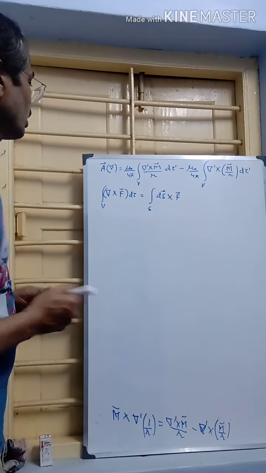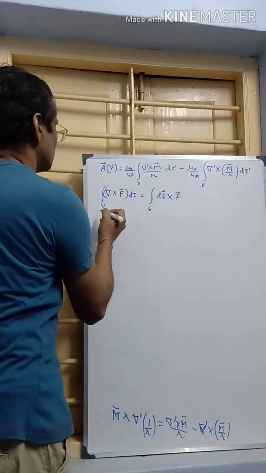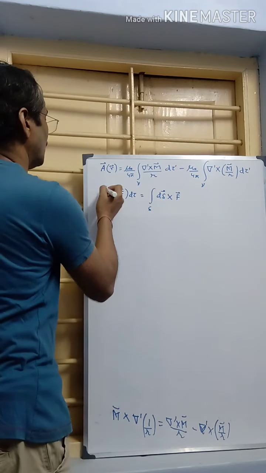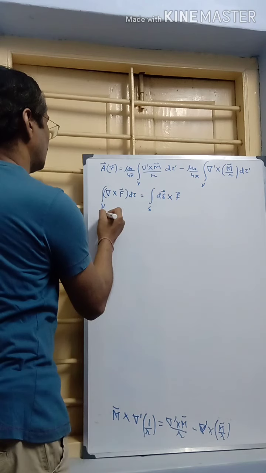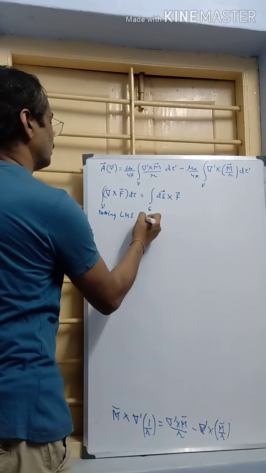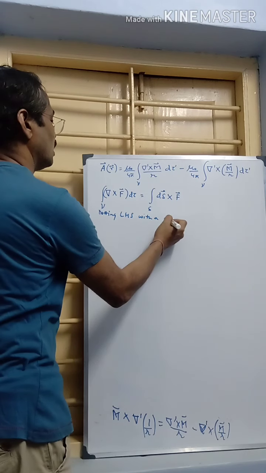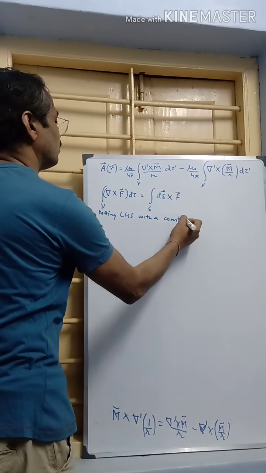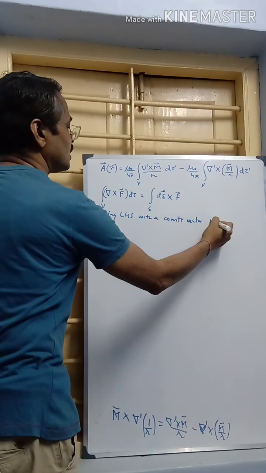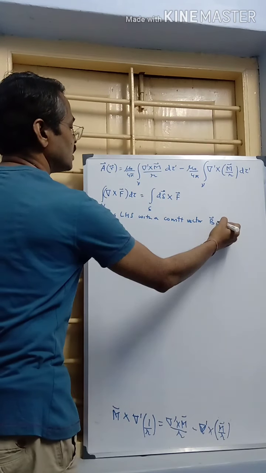How? Now you can just dot the left hand side with a constant vector, let's say b, which is constant.